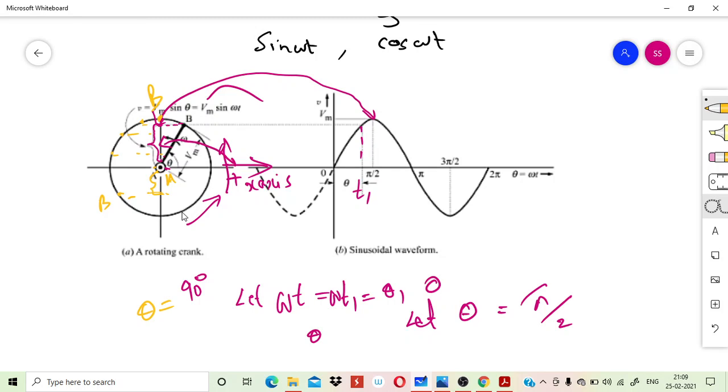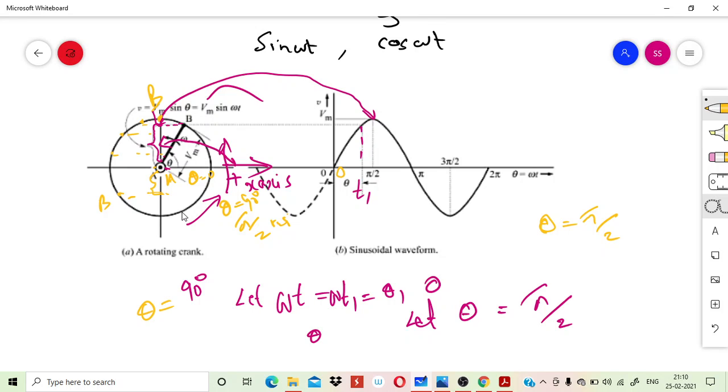at theta equal to pi by 2. So that means as the sinusoidal waveform is increasing from 0 to Vm, that is the peak value, then this crank, this rod, or in other words this is known as the phasor, is rotating from 0 angle, that is theta equal to 0, to theta equal to 90 degree or pi by 2 radian.